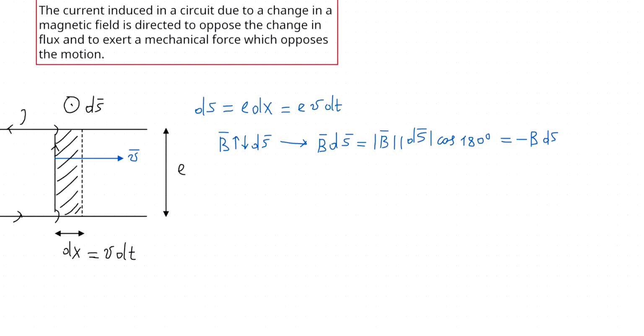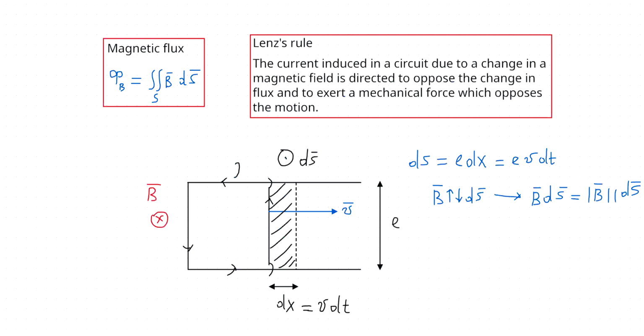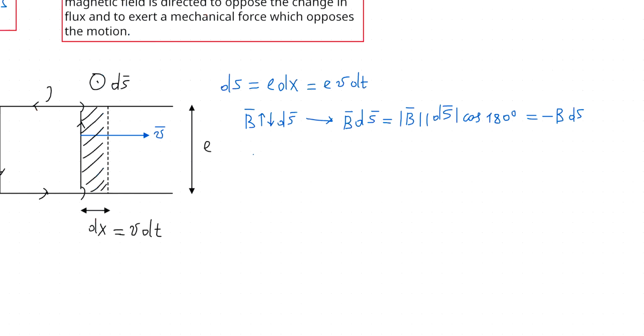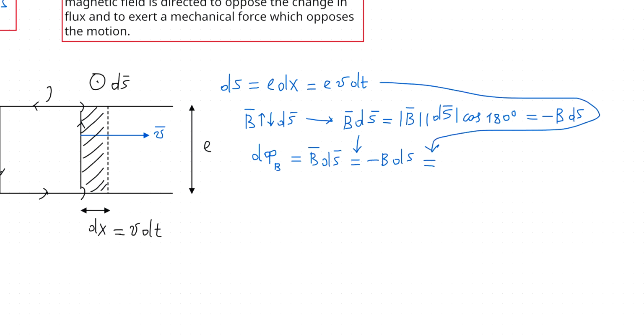And this means that according to this formula, the change of magnetic flux is equal to B dS without a vector, and this will be minus B dS, which will be minus B L v dt.